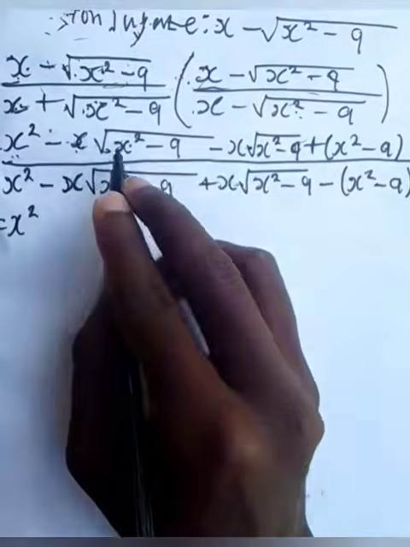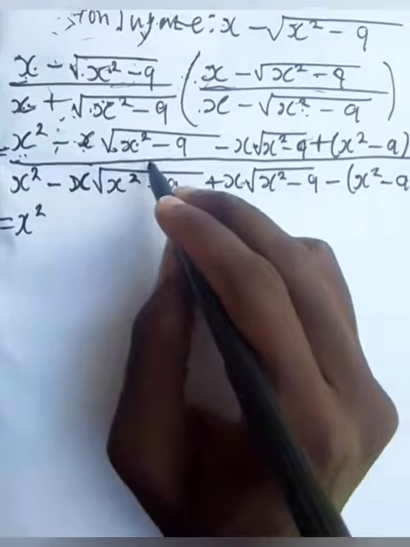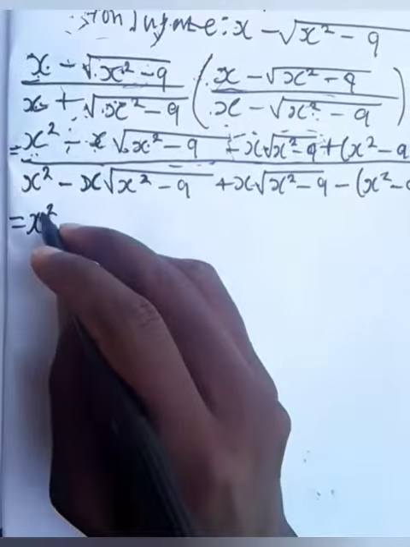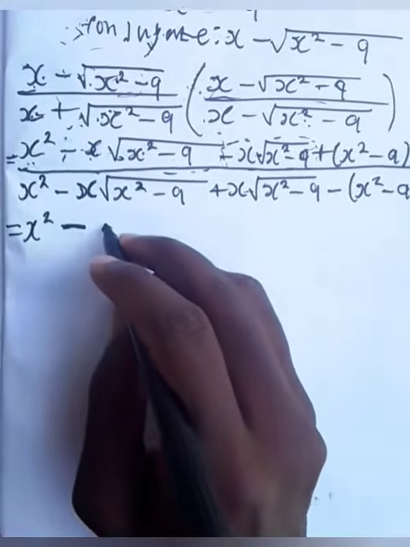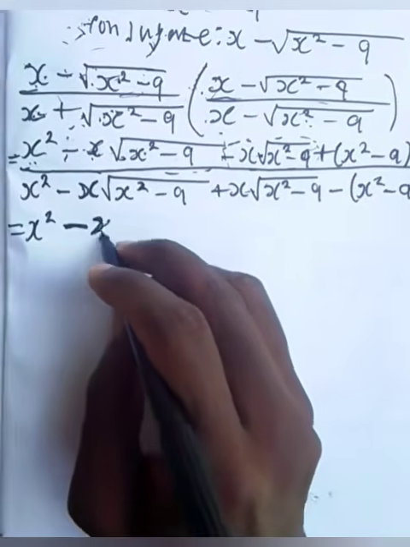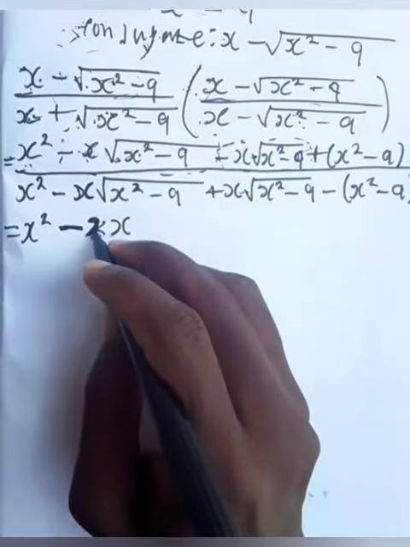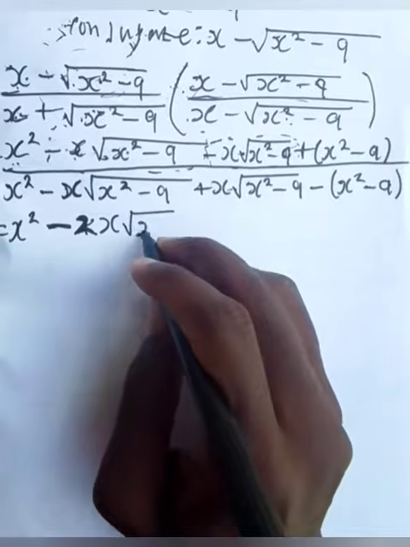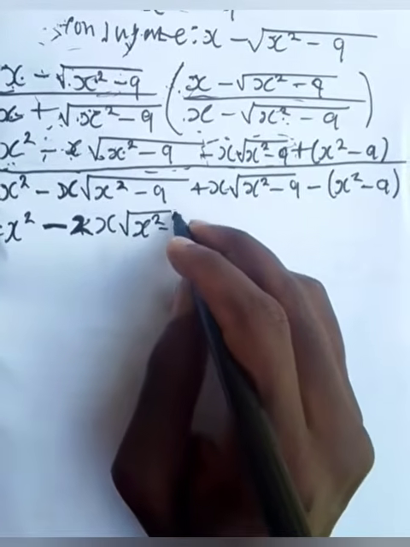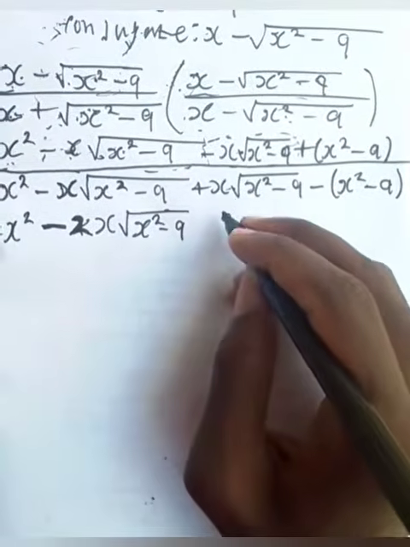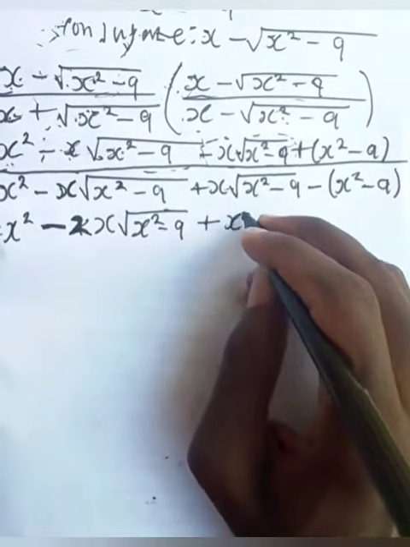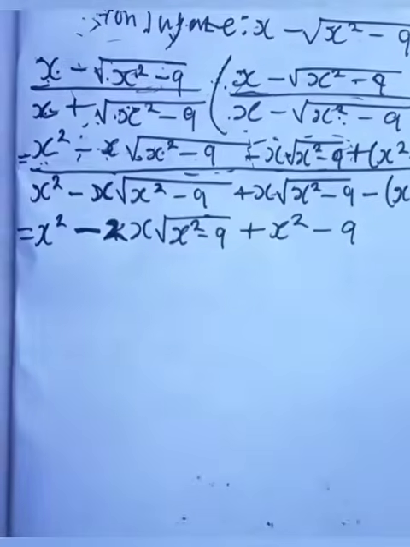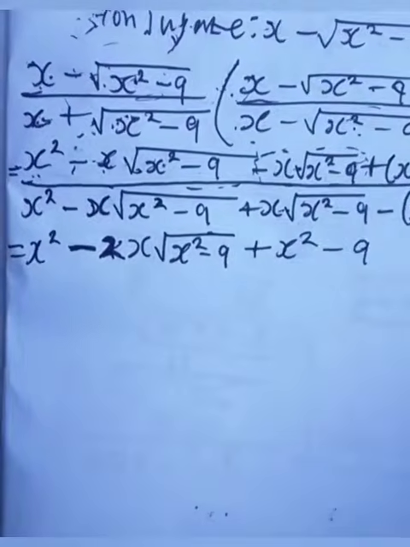Since both are negatives, they are like terms, so we can add them, and it's going to be negative 2x square root of x power 2 minus 9, and plus x power 2 minus 9, right? I hope you are following.